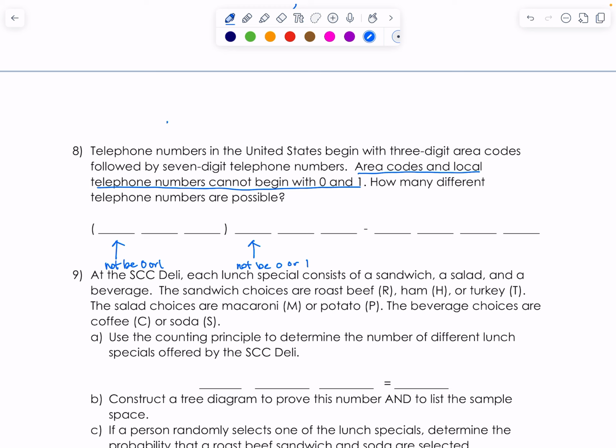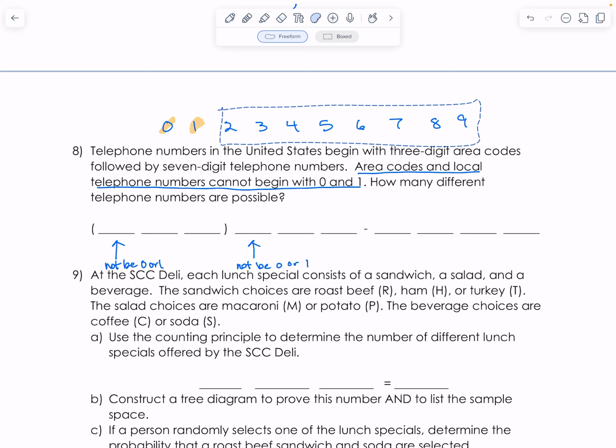So we've got, let's look at all our numbers. 0, 1, 2, 3, 4, 5, 6, 7, 8, 9. So we've got actually 10 numbers we could choose. So at the beginning, it can't be 0. It can't be 1. So we have 8 numbers left.